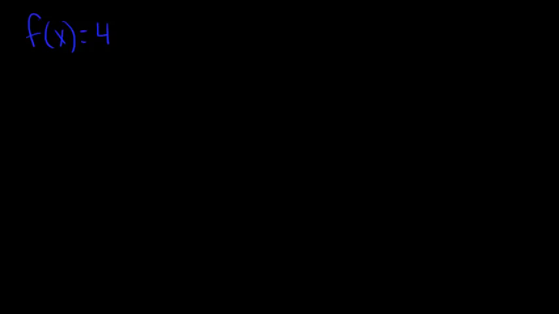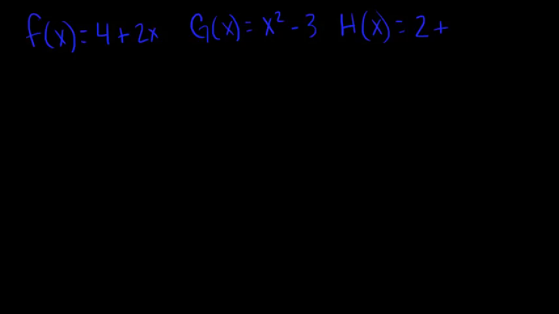Okay, so let's say that my f of x is equal to 4 plus 2x, and my g of x is equal to x squared minus 3, and my h of x is equal to, we'll say, 2 plus x.